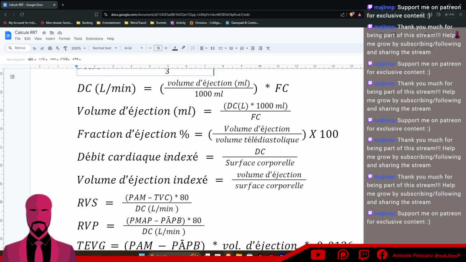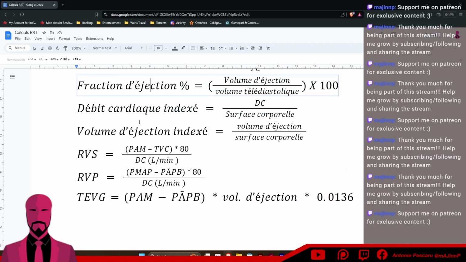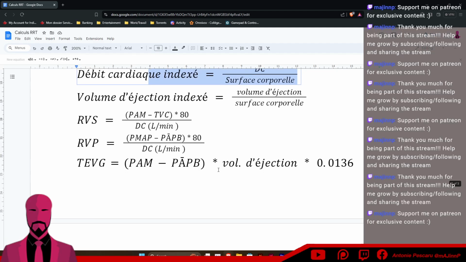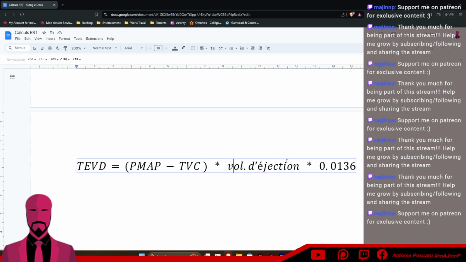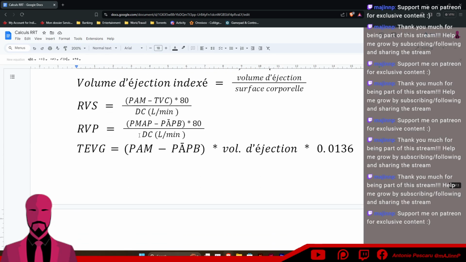Fine, I'll give you credit. The indexed values, everything that's indexed, is important as well. But then again, this is just to know if your heart is doing well and to know the workload of the heart. You only get this in rare situations, or when you're doing heart surgeries.